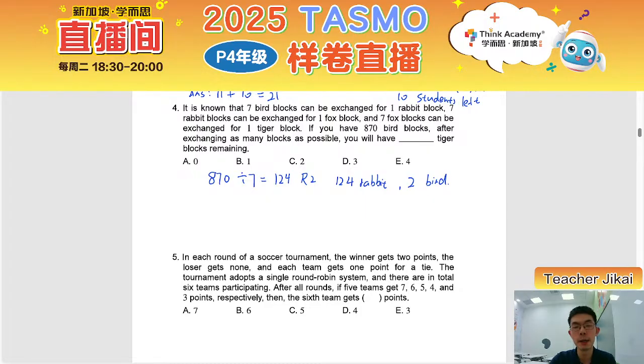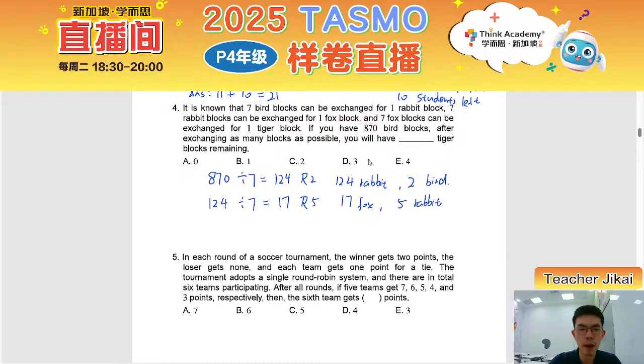For the 2 bird blocks, can we exchange any more? No, so we just leave them here, right? How about the 124 rabbit blocks? The rabbits can also be changed into foxes, right? So we divide by 7 again. 124 divided by 7 is 17, remaining 5. Which means we have 17 foxes and 5 rabbits remaining.